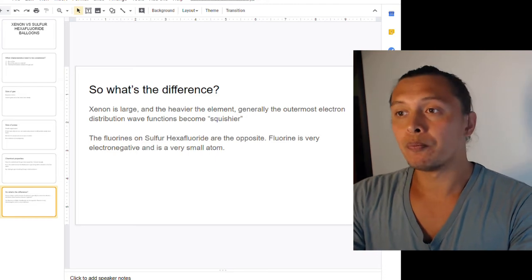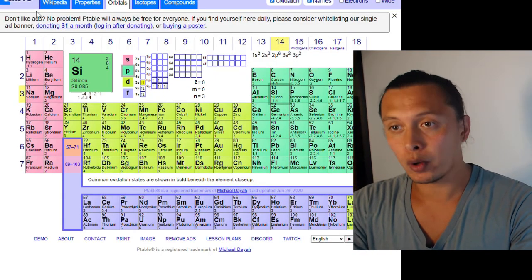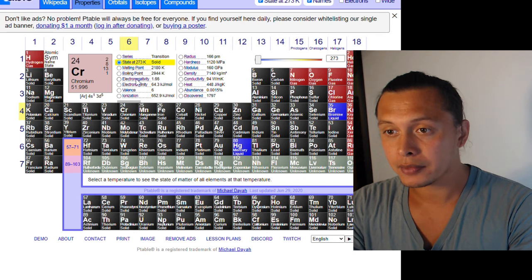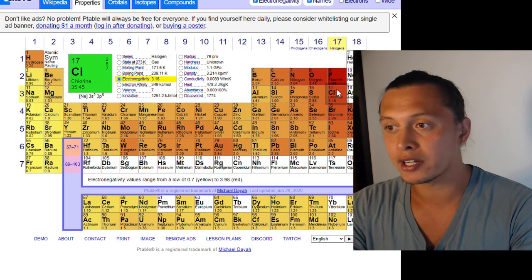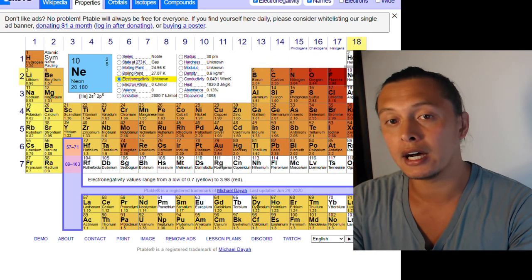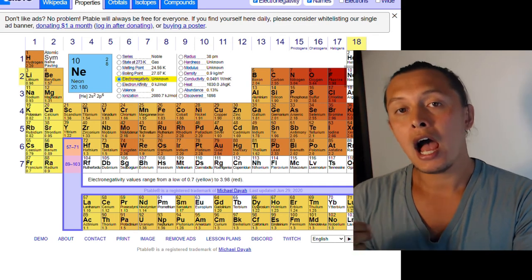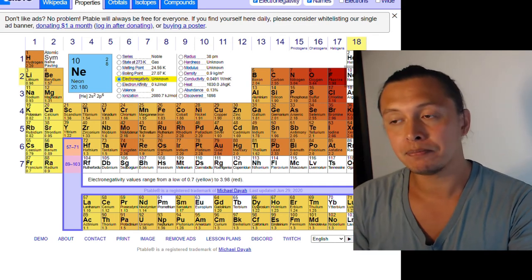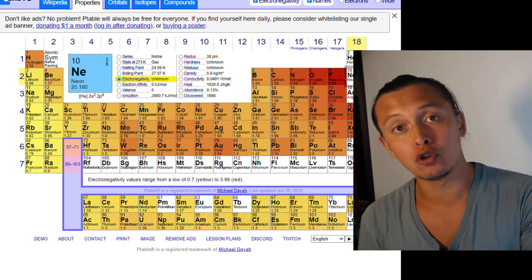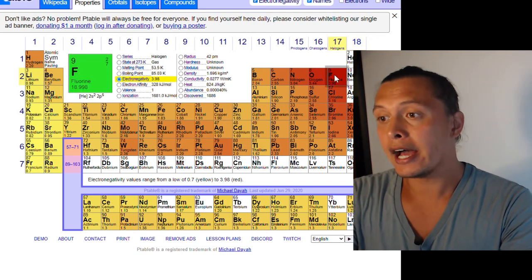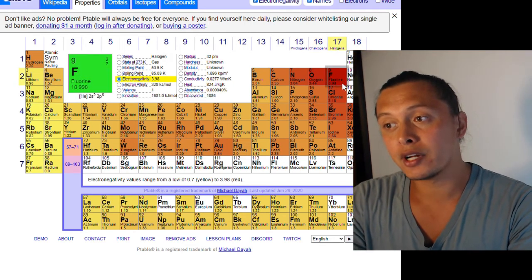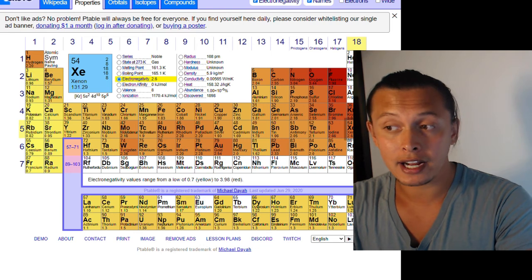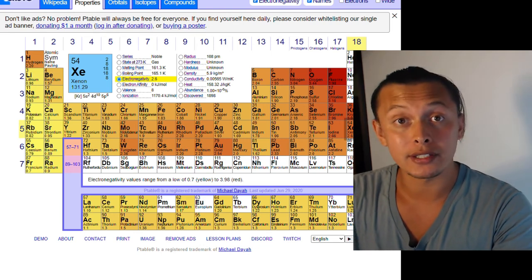So sulfur hexafluoride, so fluorine, let's go to the properties, and let us go to the electronegativity. Electronegativity would be a way to quantify how strongly an atom is able to hold on to the electrons that are around it. And so fluorine has an electronegativity of 3.98, and xenon actually only has an electronegativity of 2.6, right?